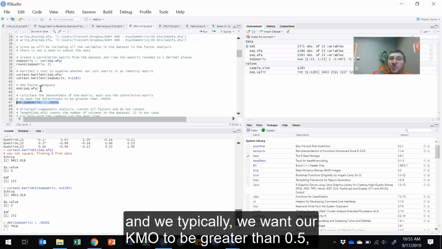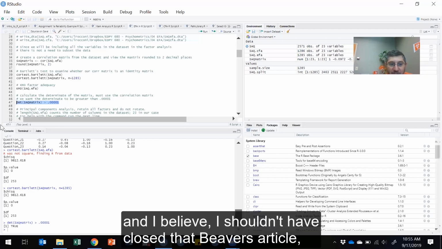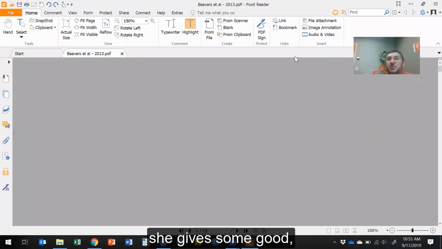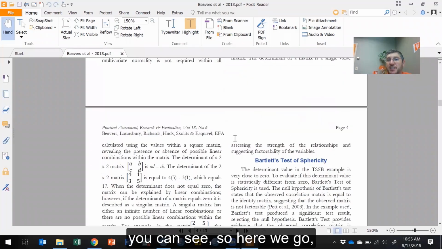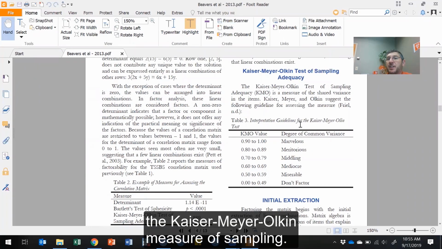And typically we want our KMOs to be greater than 0.5. I shouldn't have closed that Beaver's article. She gives some good guidelines, you can see. So here we go, the Kaiser-Meyer-Olkin measure of sampling adequacy.